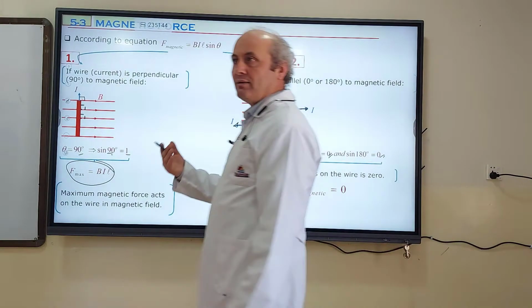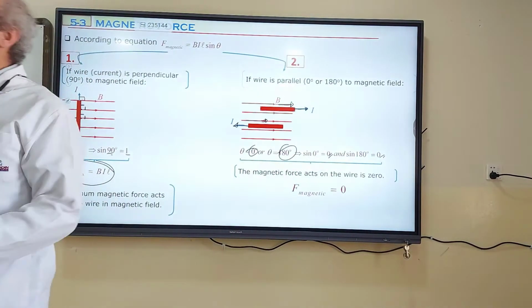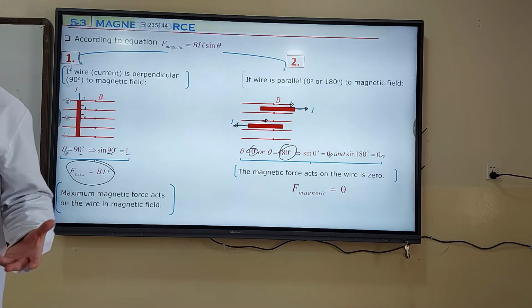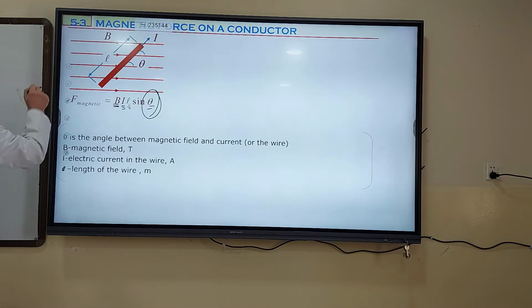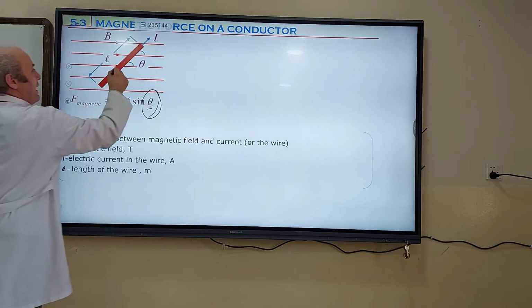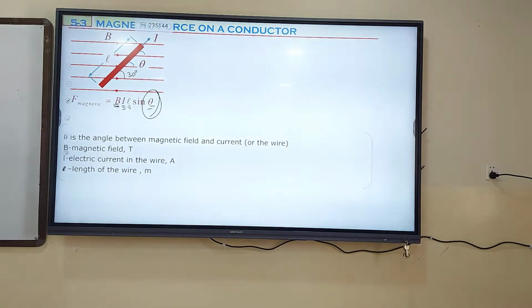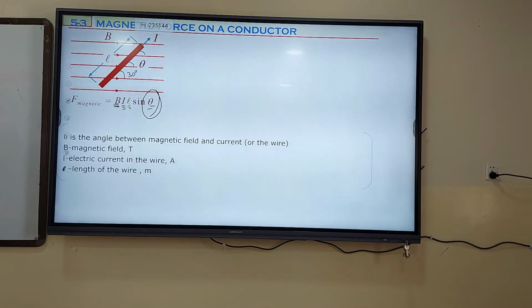At what angle magnetic force is half of the maximum? 30 degrees. In here also. If the angle between the wire and the magnetic field is 30 degrees, sine 30 is 1 over 2. That's why magnetic force will be half of the maximum magnetic force. Okay.